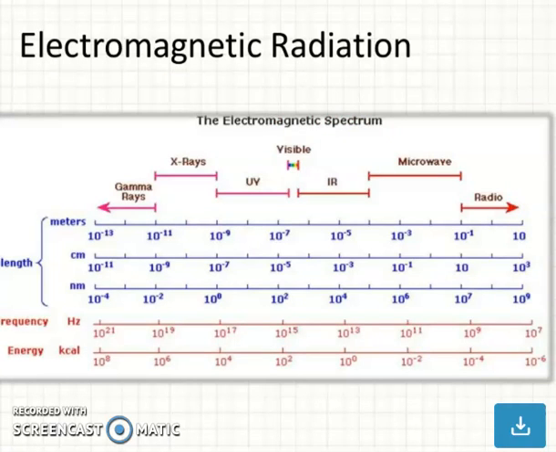Now, electromagnetic radiations include gamma rays, X-rays, UV, visible, IR, microwave and radio waves. Their wavelength is on one scale, another scale is frequency, and another is energy. Frequency and energy increase in one direction and wavelength in the other direction.